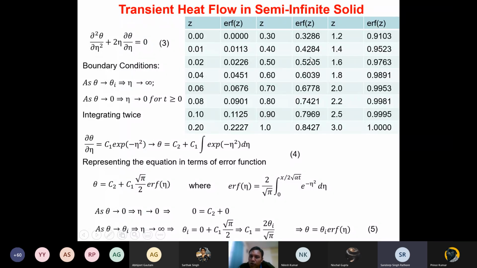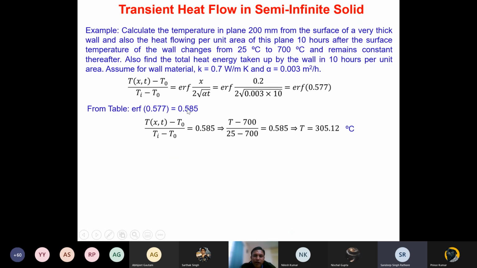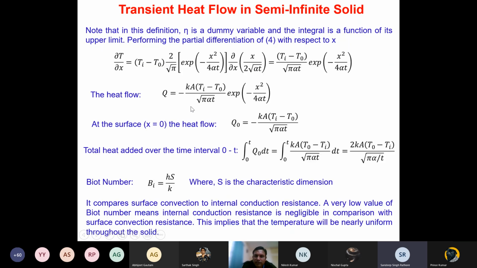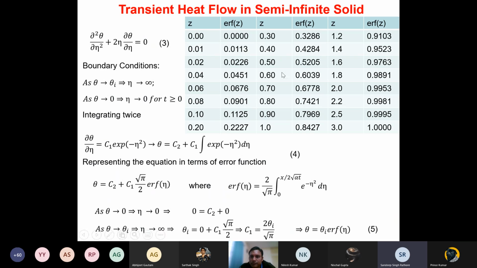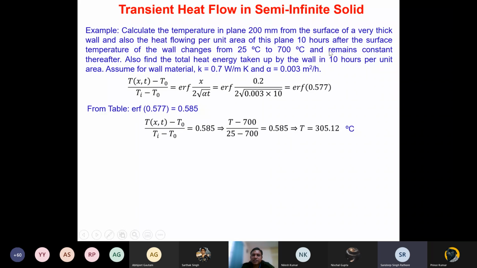So you can do the interpolation of these two values and calculate the value of the error function. So the error function of 0.577 comes out to be 0.585. That's what you are going to see here. 0.585, that's what is in between here, isn't it? Can you see? Yes, sir. So you calculate the value of this error function.